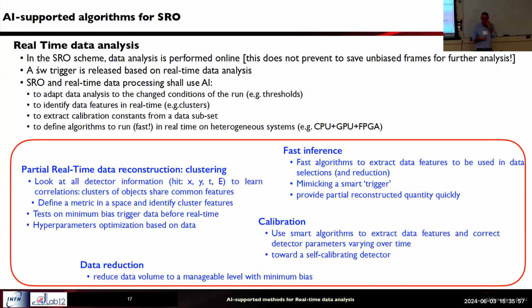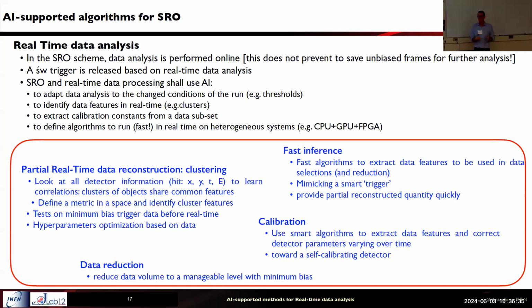And so, same thing here, you move data from the front end to the back end, and when you do the time framing, finally, you decide what is good and what is bad. I have to say that with the numbers we are talking about, even if in principle we are able to do a real-time analysis and decide if an event or clusters belonging to the same time frame are interesting or not, the idea is to keep a copy of all time frames.